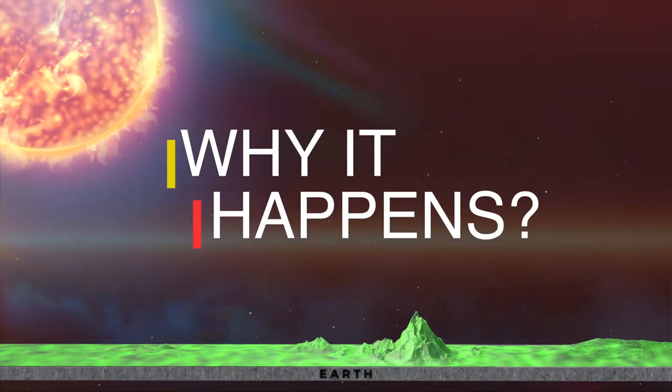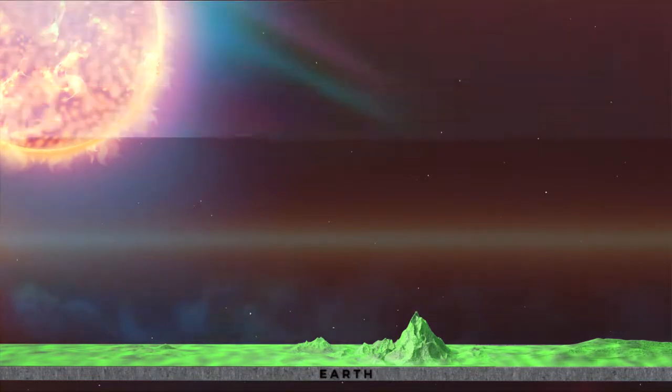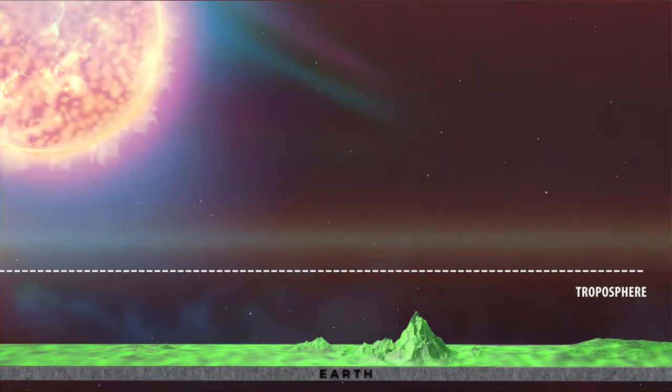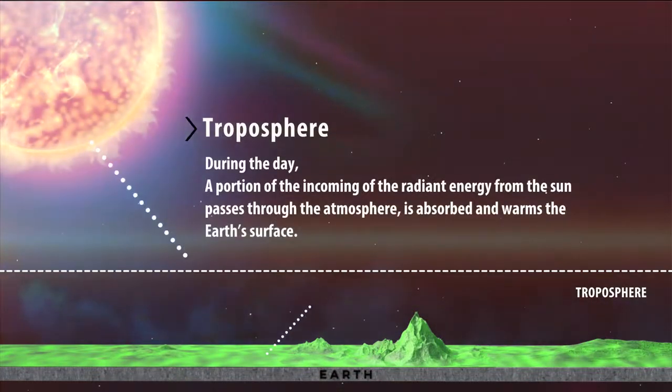Why it happens. During the day, a portion of the incoming radiant energy from the sun passes through the atmosphere, is absorbed and warms the Earth's surface.